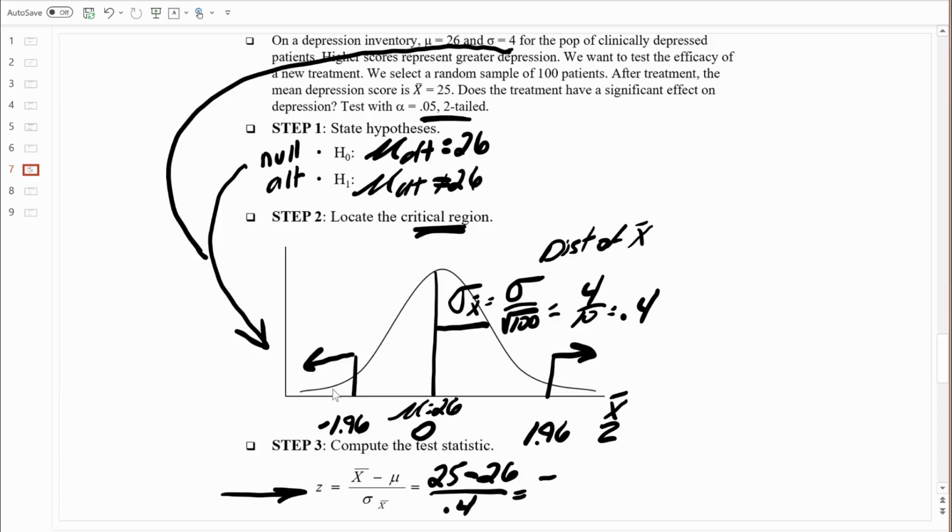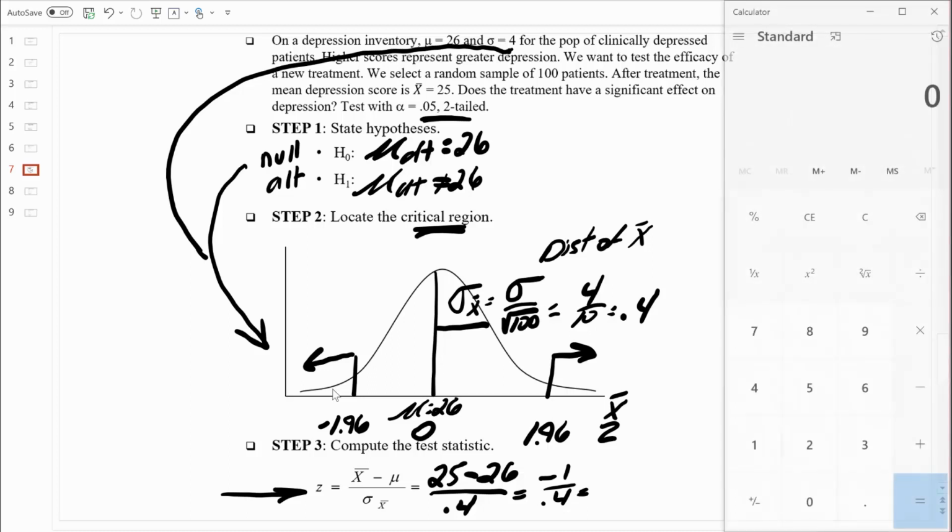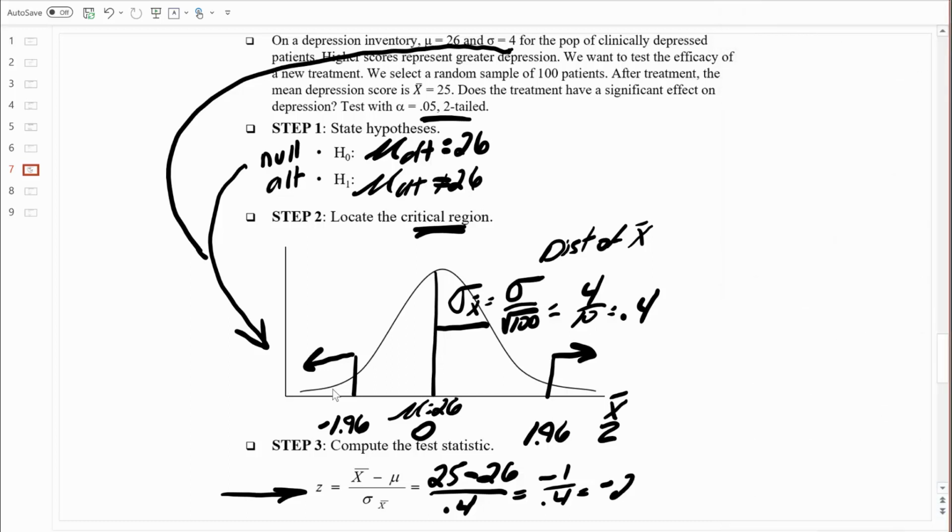So we're left with negative 1 in the numerator, 0.4 in the denominator. Let's go ahead and crunch that out. We've got negative 1 divided by 0.4, and that equals negative 2.5. What that's telling us is that that sample mean of 25 is 2.5 standard errors below the mean. That's quite a bit below the mean.